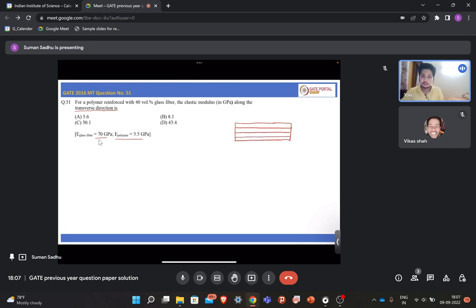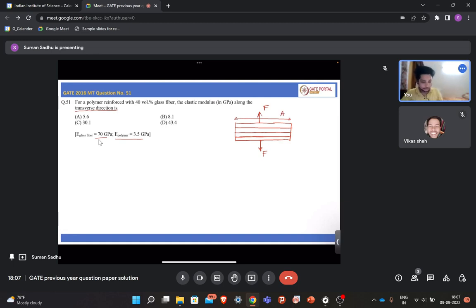We have to calculate the modulus in the transverse direction. That means we apply load perpendicular to the orientation of the glass fiber. Let's say we are loading it in the transverse direction, and the applied load is F, and the area of this surface is A.